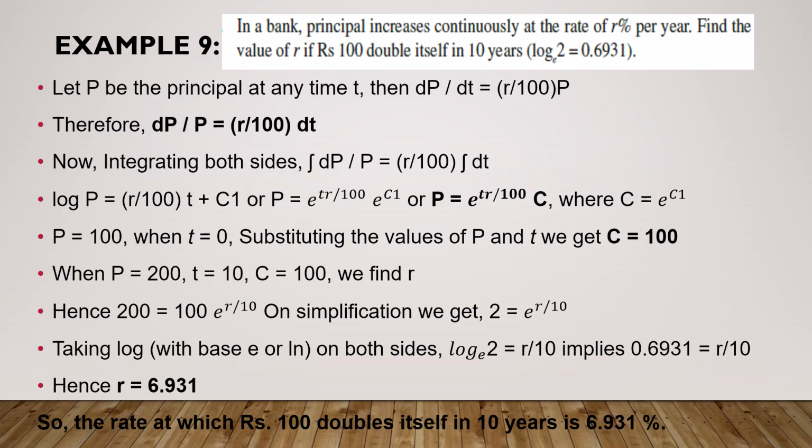So when you take log, obviously with the base e, on both the sides, it will be log 2 is equal to R by 10. Log 2 value is given to us as 0.6931. So when you take log of exponent, it will become R by 10. So R is equal to 6.931. So the rate at which rupees 100 doubles itself in 10 years is 6.931%.